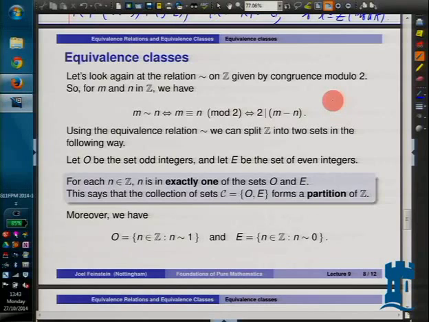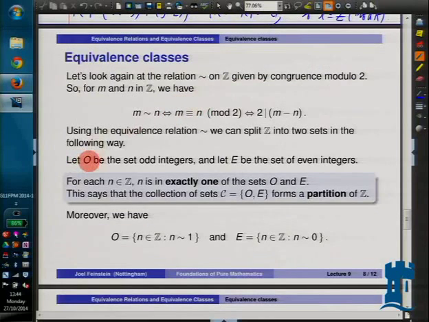And that splits Z up into two pieces, the odd numbers and the even numbers. All the odd numbers are congruent to each other modulo 2, and all the even numbers are congruent to each other modulo 2. If you subtract an even number from an even number, you get an even number. If you subtract an odd number from an odd number, you get an even number. But if you subtract an even number from an odd number, or an odd number from an even number, you get an odd number.